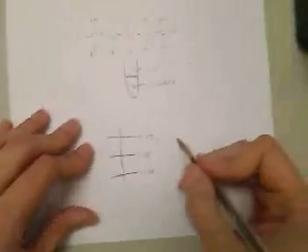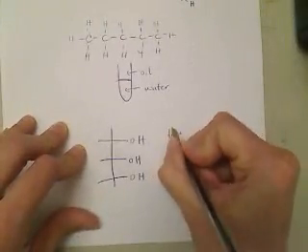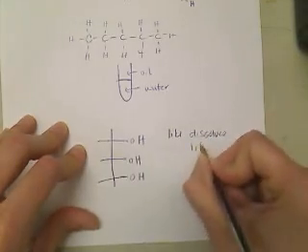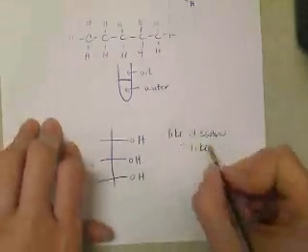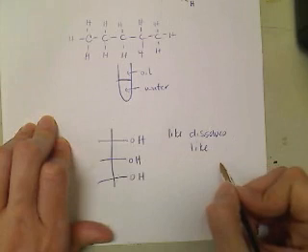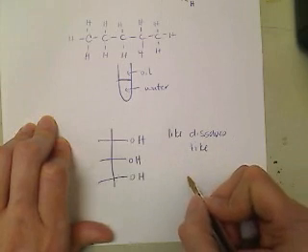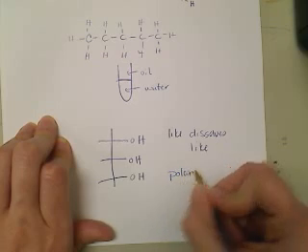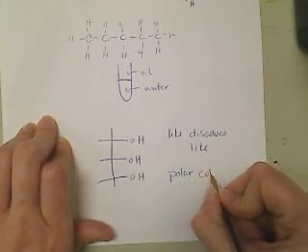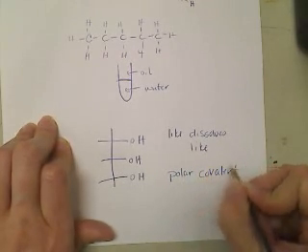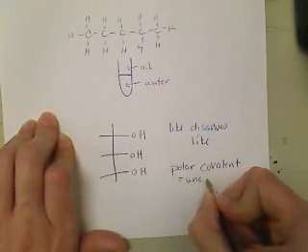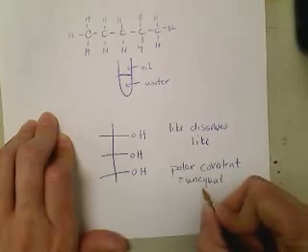And so the rule that we have is called like dissolves like. So in order for something to be soluble in water, it has to be similar to water, and it has to be similar in structure. So if water, we say, is polar covalent, and again, polar covalent because it has unequal sharing.